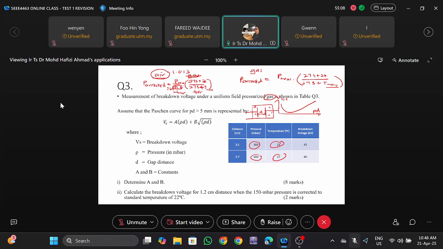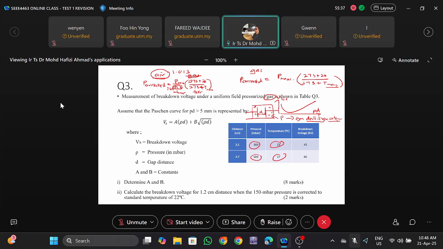This is controlled by pressure. Pressure will control gas density. What does gas density mean? The gas density is proportional to the gas atoms. If there is more pressure, you have more gas atoms. This is what we call gas density.